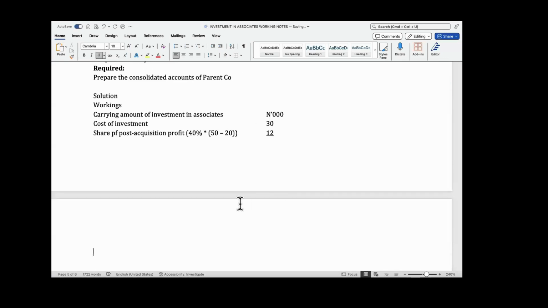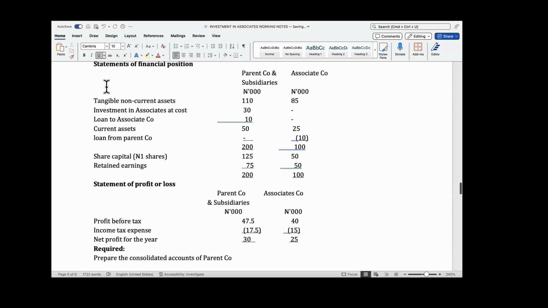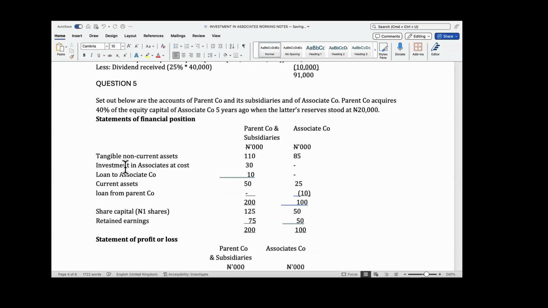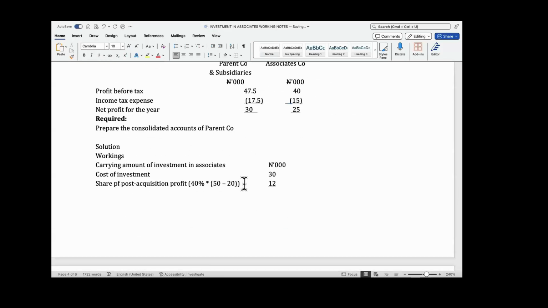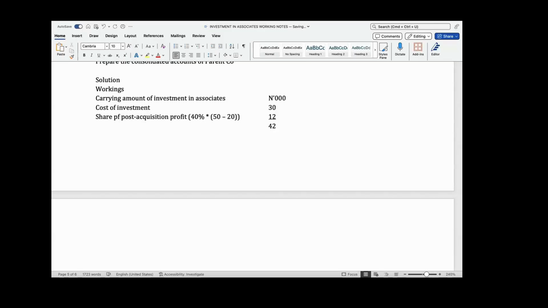12. Then this gives me, I want to have it here. Carrying amount of investment is 42. So this is 42. Then, having determined that, I can go ahead and consolidate.